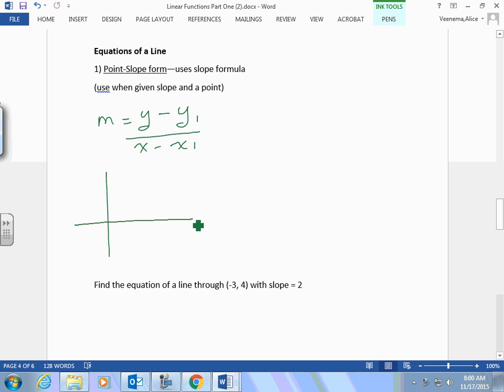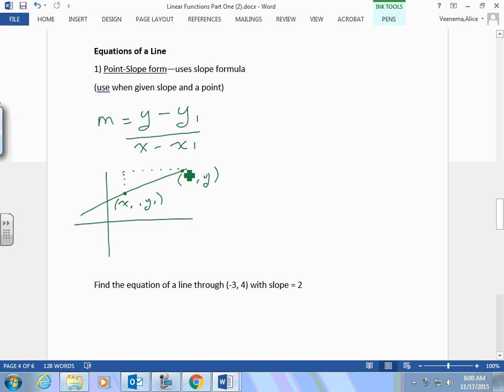Think of it this way, that I've got this line here, and I've got 1 point, and I know its coordinates, it's x1, y1. This point, x y, represents any other point on that line.